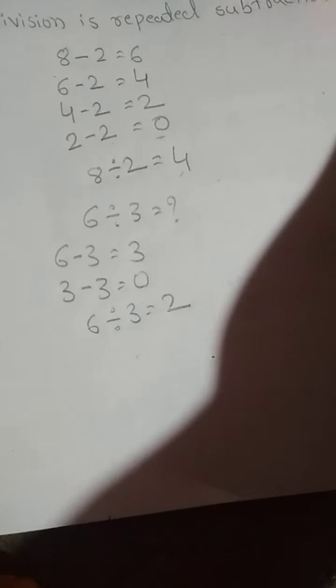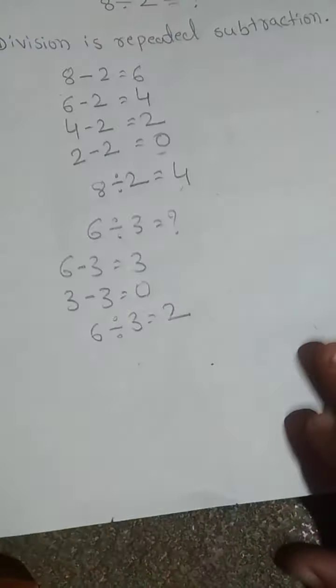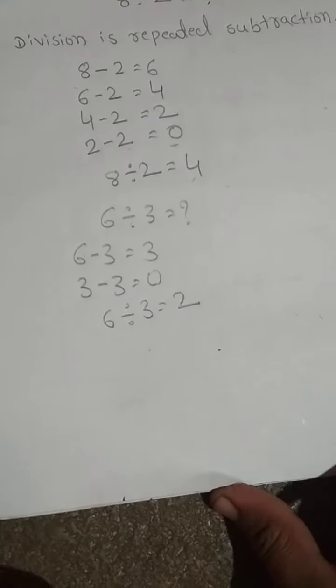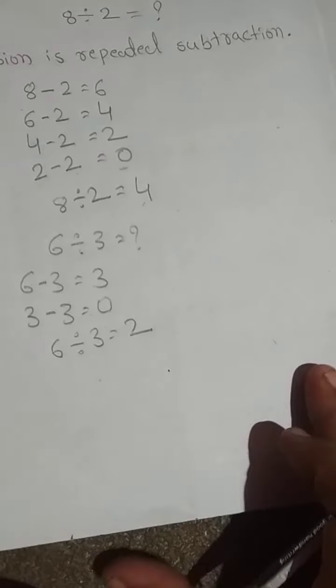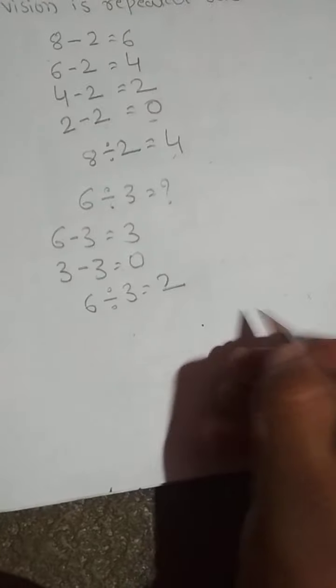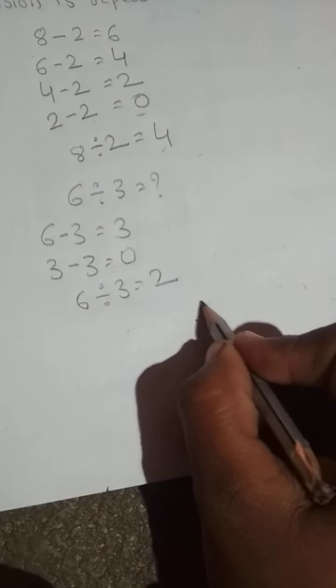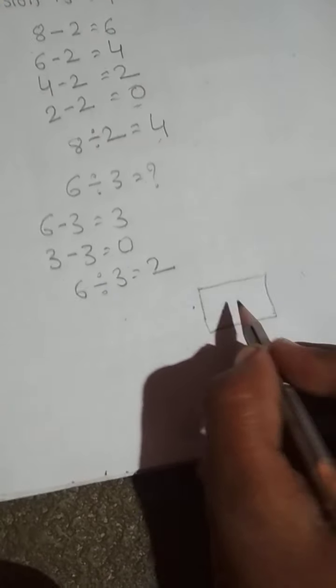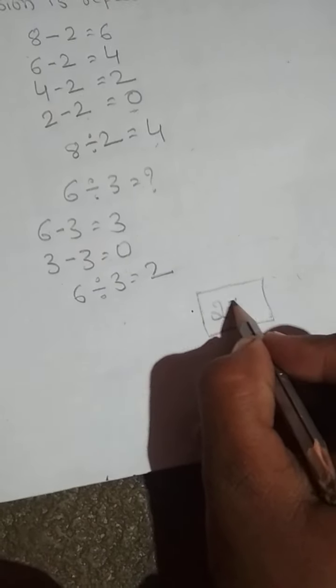Division is making equal groups, and division is equal sharing. For example, here is one box. In this box there are 250 chocolates.